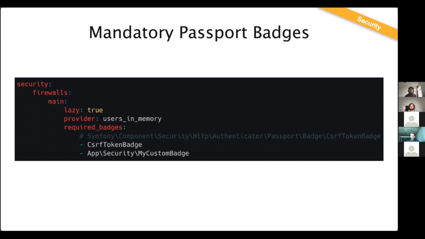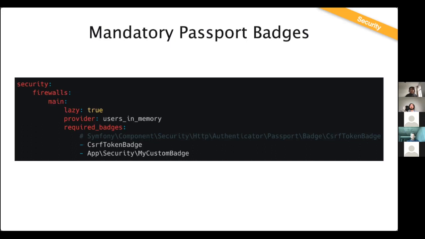This expects a fully qualified class name. If you don't specify a fully qualified class name, it assumes that the class is defined in the namespace above. And yeah, it's a pretty useful feature.